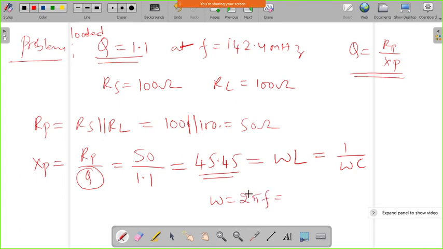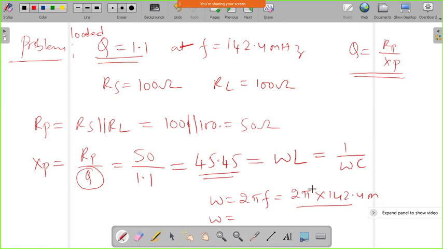So you can calculate the angular frequency, that is 2 pi into 142.4 megahertz. So what is the omega value?